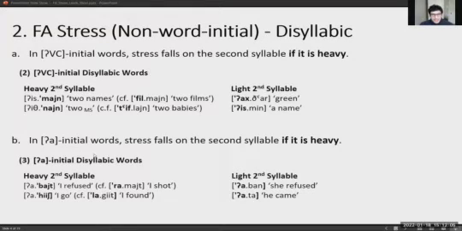The second case is when the disyllabic word begins with a CV syllable that also has a glottal stop onset. So in number 3, the words in the left column, abait and ahish, have stress on the second syllable, compared to words like ramait and legit, where stress is placed on the first syllable.